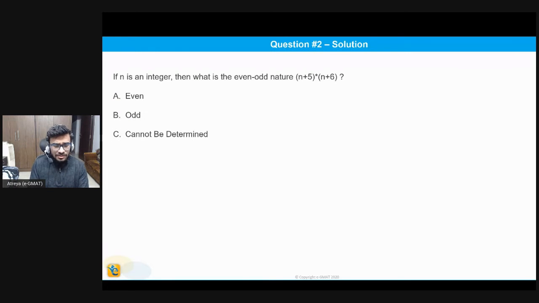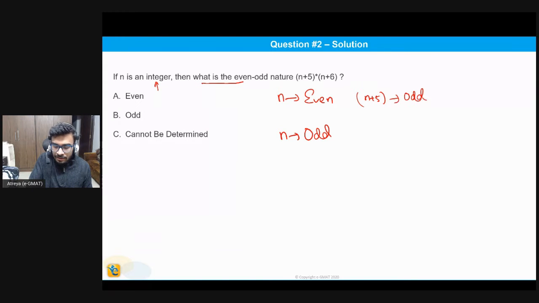And the next question is also very similar in nature. If n is an integer, then what is the even odd nature of n plus 5 times n plus 6? Now, if n is an integer, there can be two possibilities. First, n is an even number, or second, n is an odd number. Right? So there are two possibilities. Now, if n is even, n plus 5 is odd and n plus 6 is even.